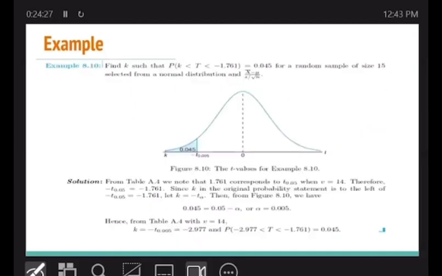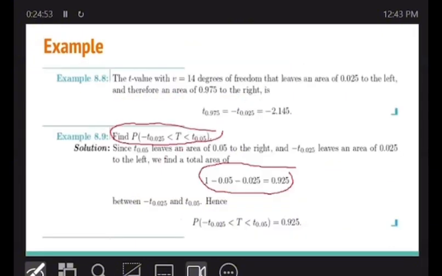Okay. Now, there's another problem. At times, take a look at this. The probability of T lying between K and that equals 0.045, then they want you to determine your K. If you go back here, when you were given this, we were able to get this.